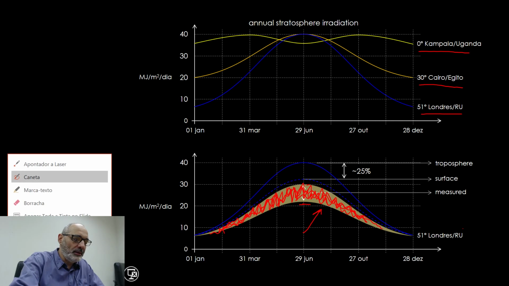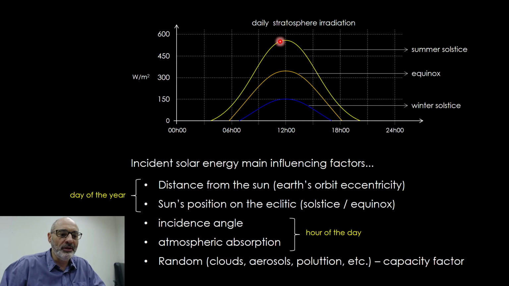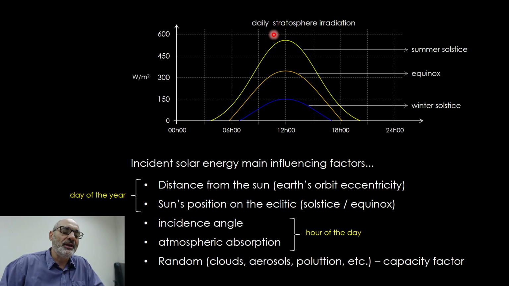Okay, well, so this was the example in terms of the average daily energy. Okay, so the result here is the hourly energy that arrives during different hours of the day, during different days of the year.